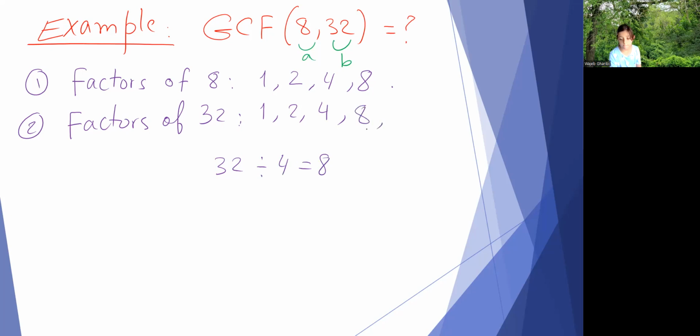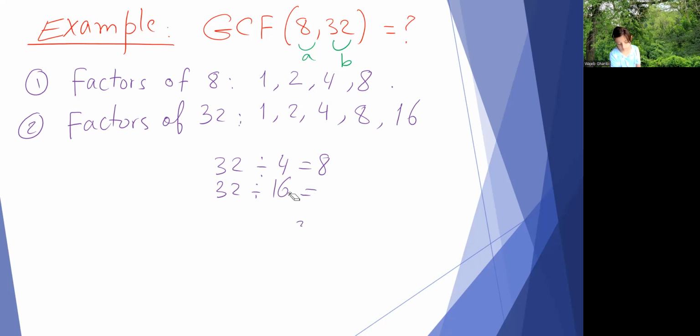How about 9? No. 10, no, 11, no, 12, no, 13, no, 14, no, 15, no, 16? Yes. Why? Because 32 divided by 16 equals 2, and 2 times 16 is 32.